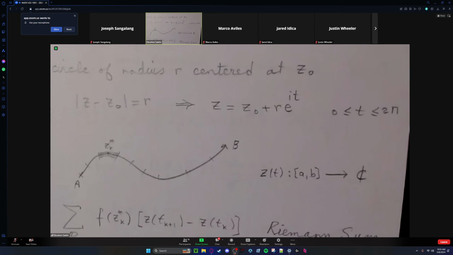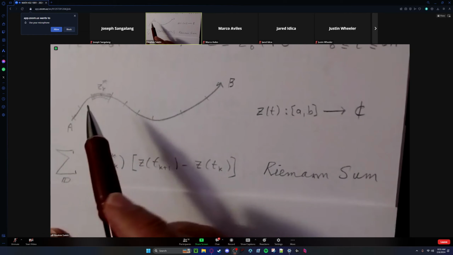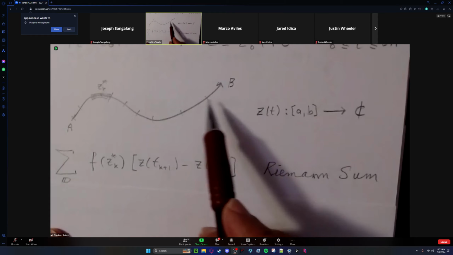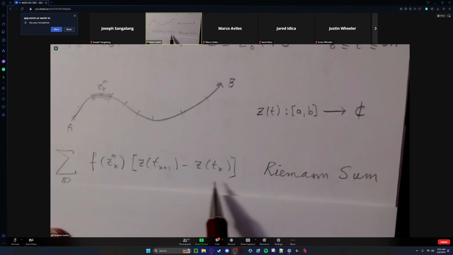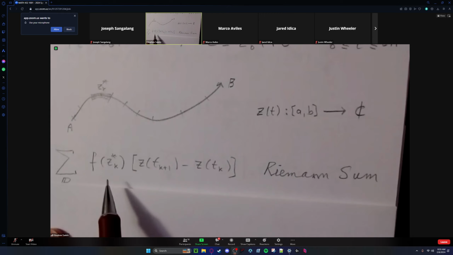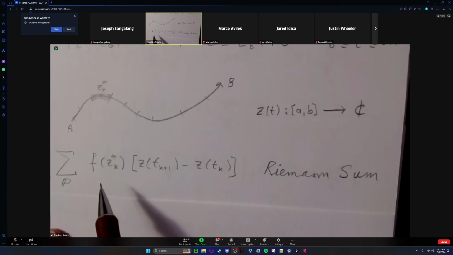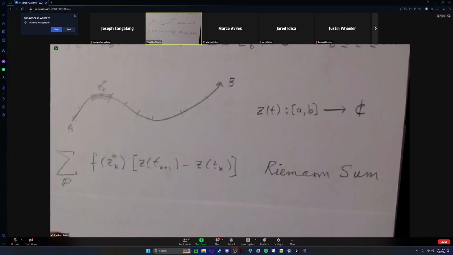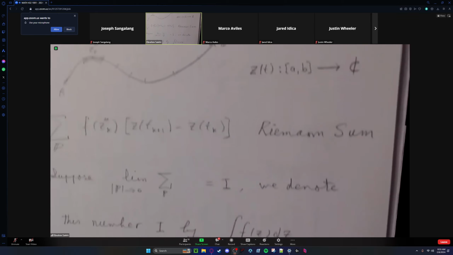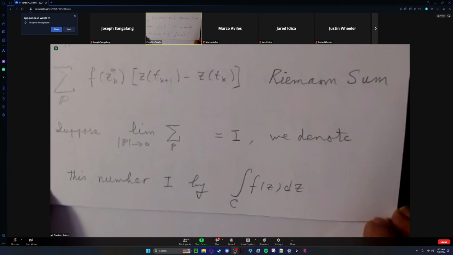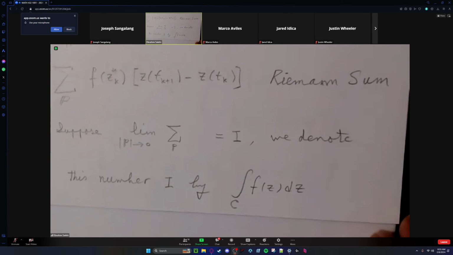And then, of course, this is a typical one. Do it for all the slices. You will get this. We call this one again the Riemann sum. And then you take the limit as the number of partitions approaches infinity uniformly. If this limit exists, we call it the integral of f of z, okay? If the limit exists and is a number, that number is denoted by this.